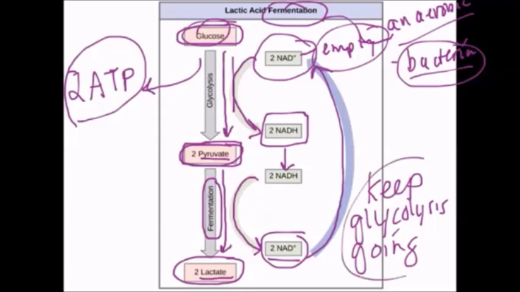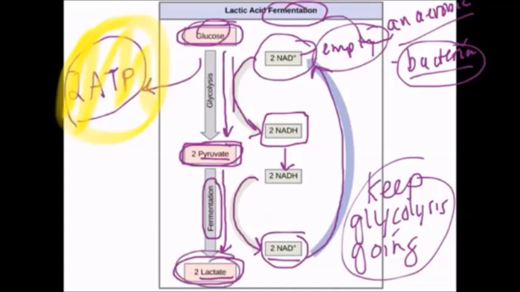And the reason why we want to keep glycolysis going is because glycolysis will at least produce for us 2 ATP molecules. That's enough to keep these bacteria alive. So the end result of lactic acid fermentation then is essentially going to be lactate.